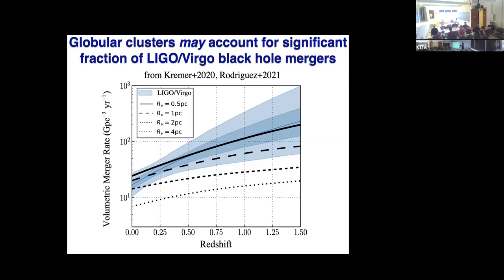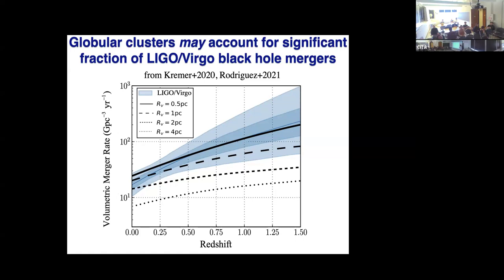Blue here is showing the volumetric merger rate out to redshift around 1.5 from LIGO, from their current catalog of published detections. And these black curves are showing the black hole merger rate from clusters with a few different initial virial radii. The virial radius is one of the key diagnostics early on that defines the state of the cluster initially when it's born and ultimately determines the evolution of the black holes over time.